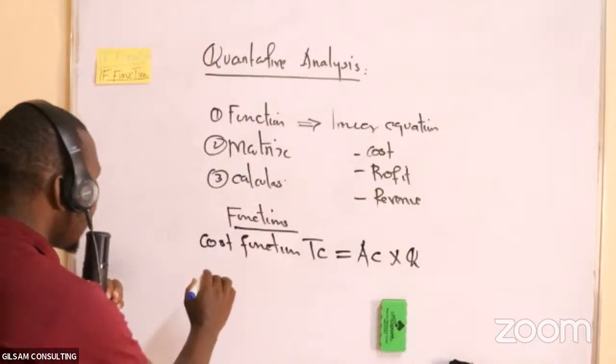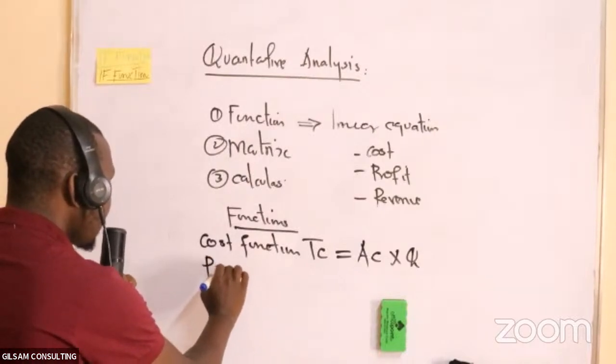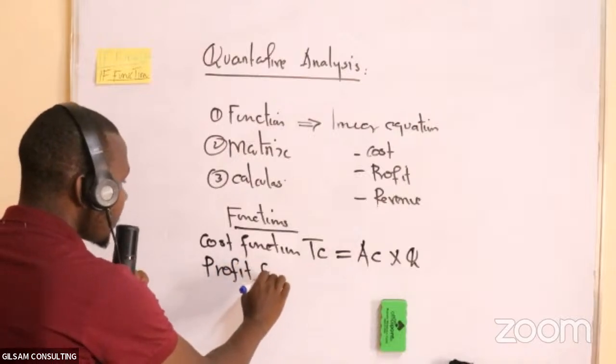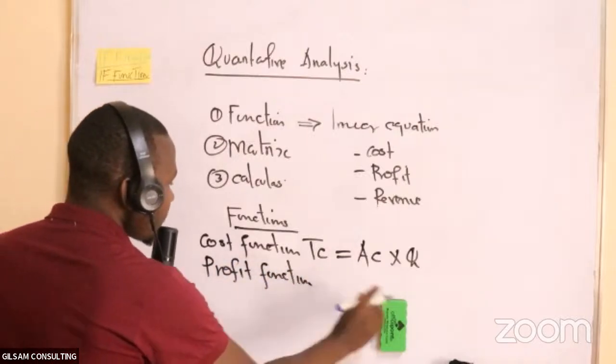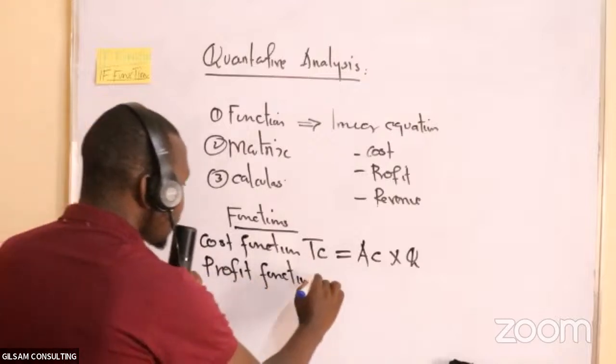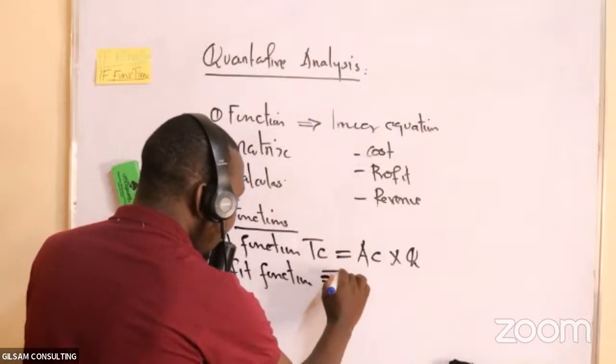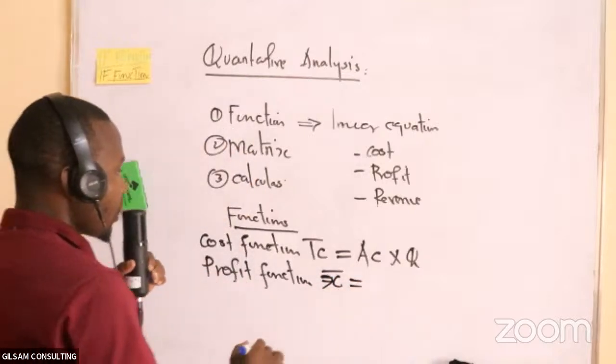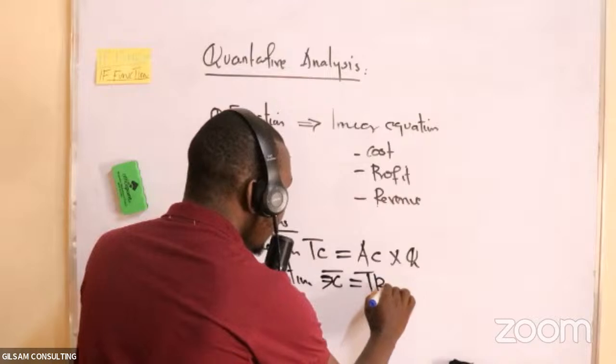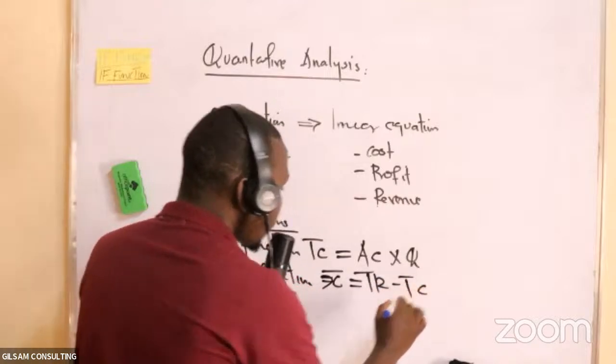And then we need to get the profit function. The profit function, you represent it as pi, equals the total revenue minus the total cost.